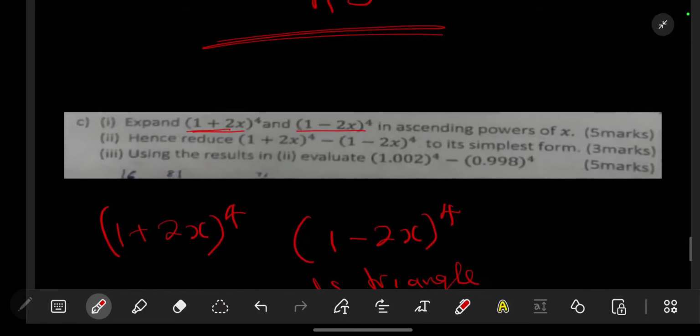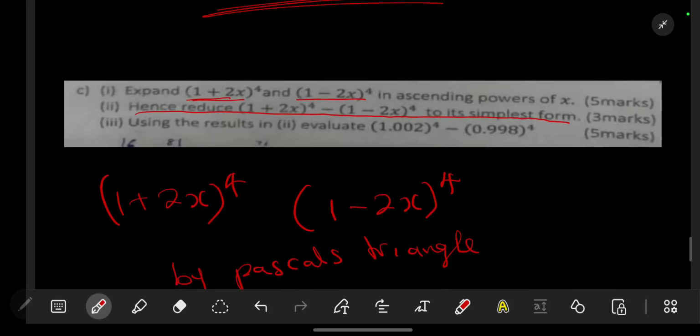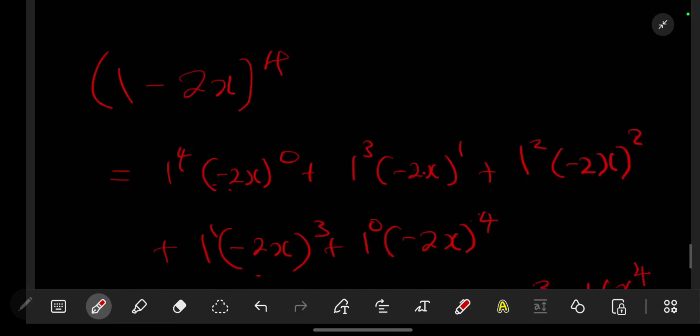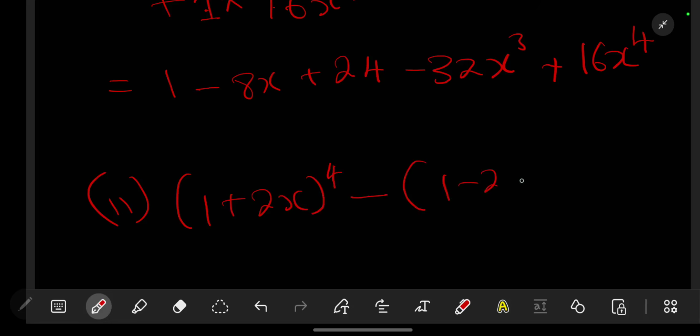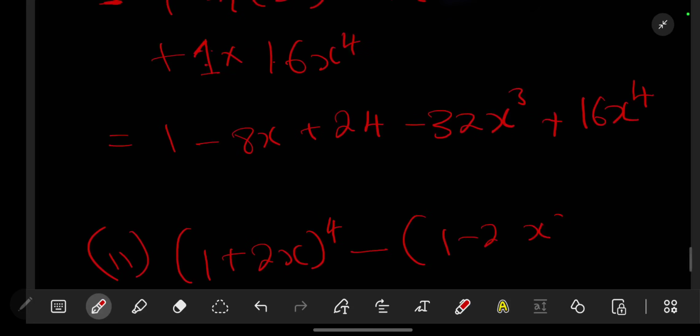So we have expanded. Then we are told, hence reduce this to its simplest form. So reducing this to its simplest form, we are going to say our 1 plus 2x to the power of 4 minus 1 minus 2x to the power of 4.